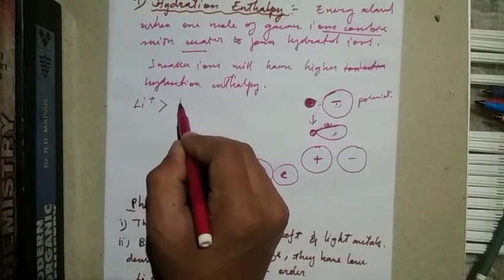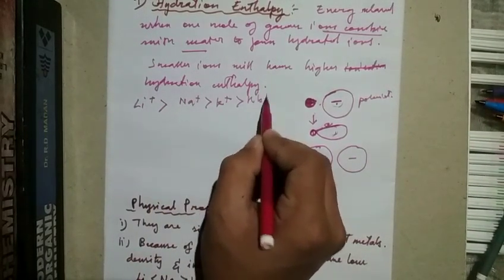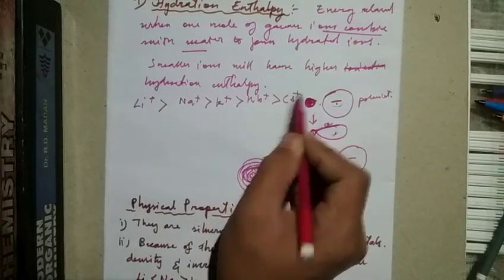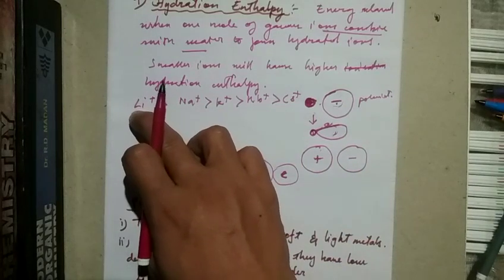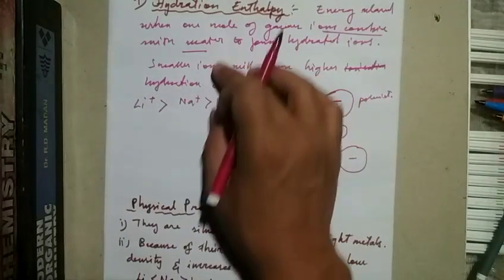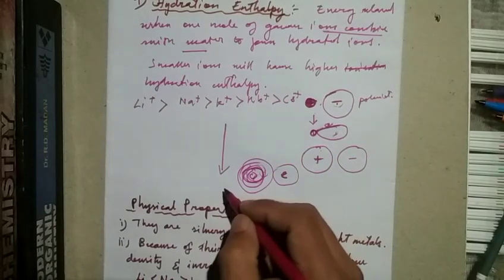Li+, Na+, K+: it decreases when we move down the group.